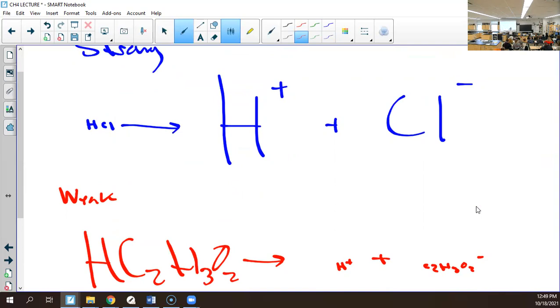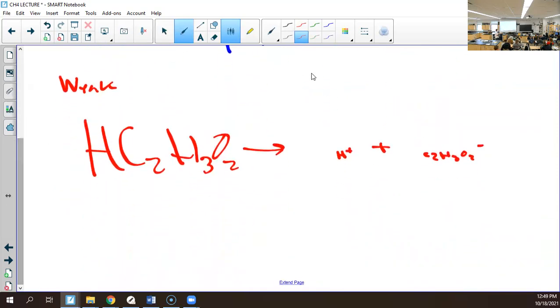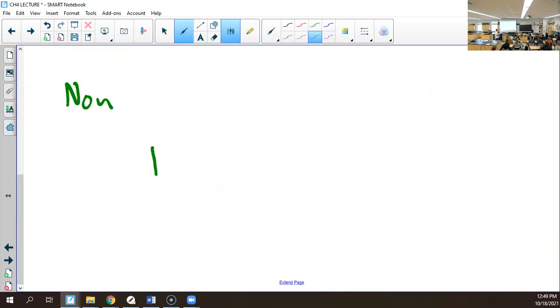Most of it is contained as the molecule, and only a little bit of it is the ion. Versus strong, where it's there. Now, I know I'm going fast right there, but a non-electrolyte, nothing. Doesn't dissociate. Now, the real truth is it does, but it's 0.00000001 molar, which we're just going to assume is 0.